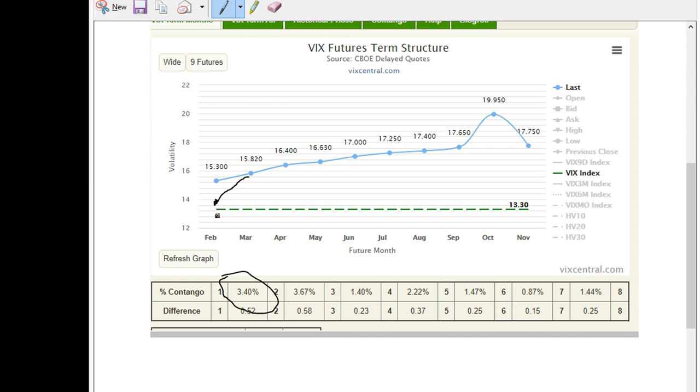Now, as we move out in time, because there's steeper contango, we're moving higher up on the curve, and we're creating more opportunity as time goes by. But at that exact moment, when there's only 50 cents between the price of the front month future and spot, there's less opportunity. It's a little bit confusing stuff, I understand.